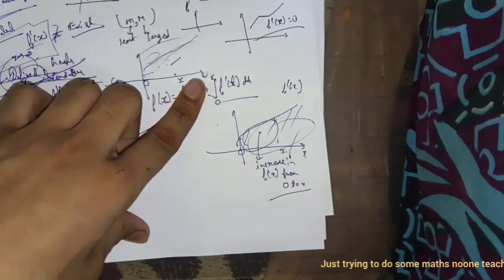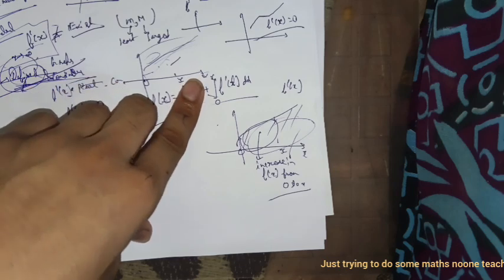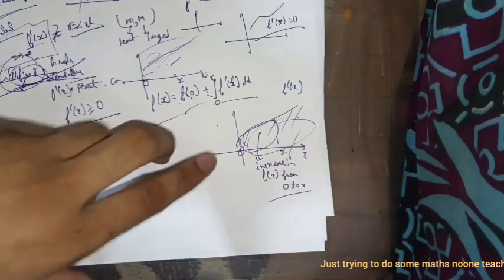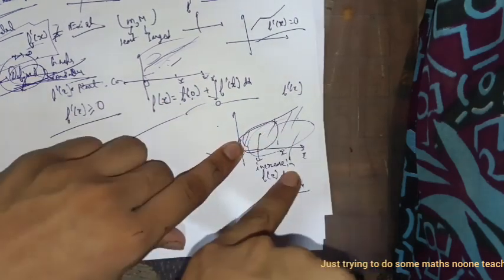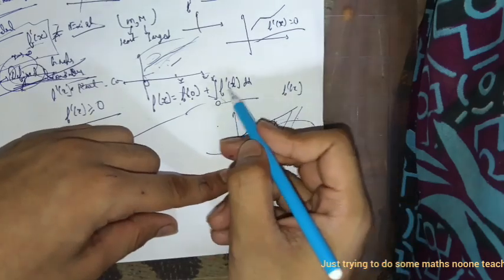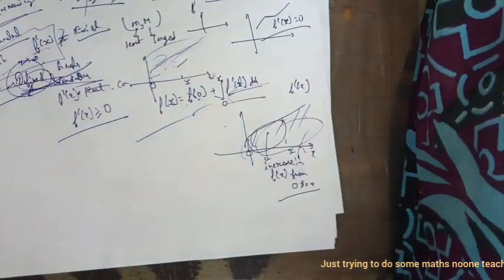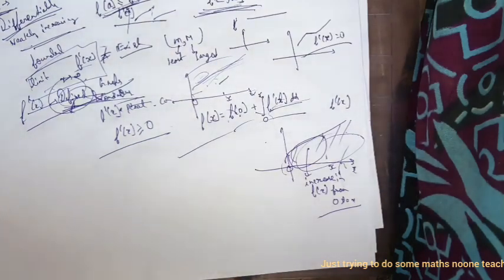Understood? This is basically the pictorial idea told in the question, how we have to think of it. So this increase is the integral of f dash t dt from 0 to x. Okay, yes.